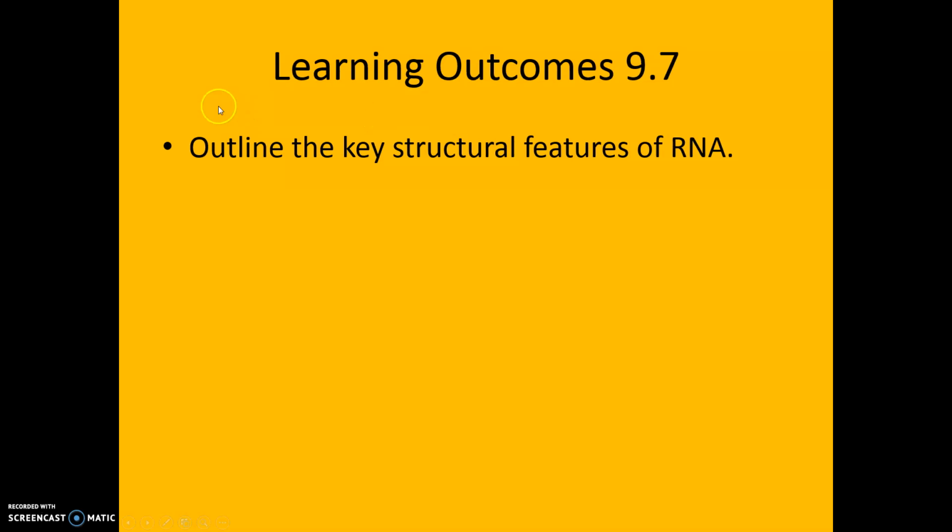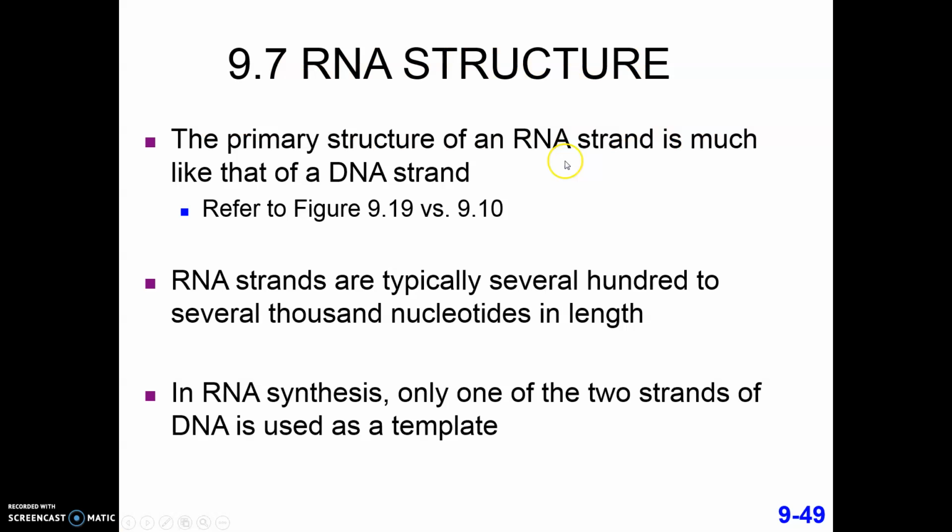Now, the other thing that I want you to walk away with is some key structural features of RNA. And RNA is largely working the same as DNA, but we always think of it as a single strand.